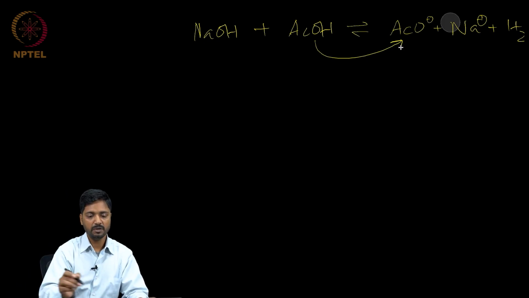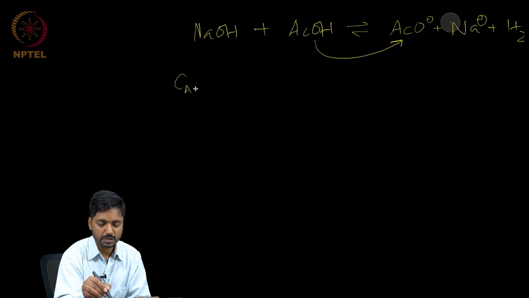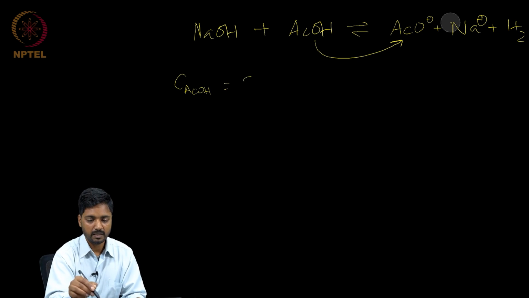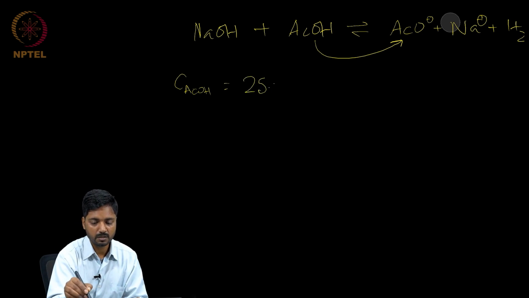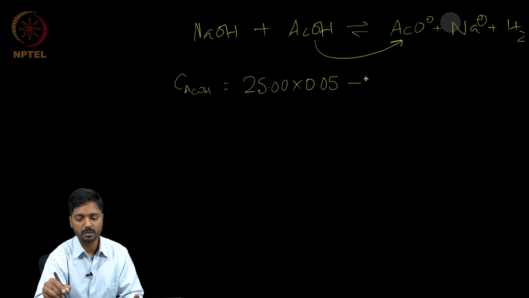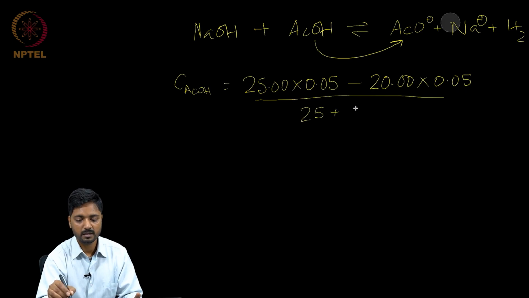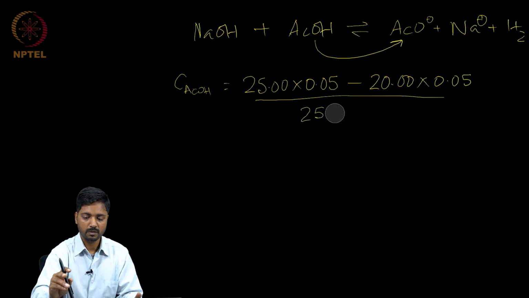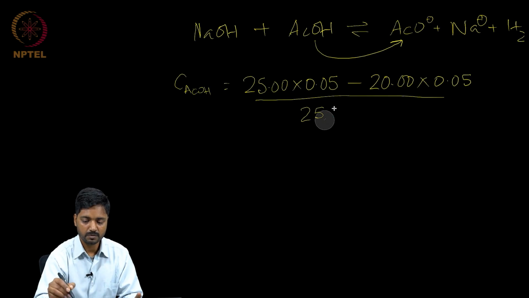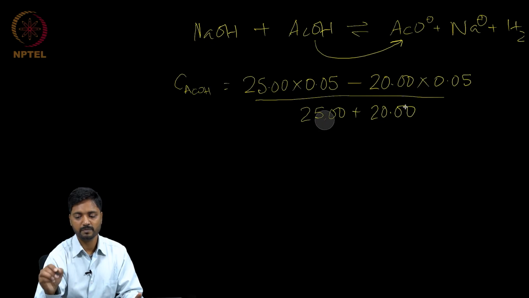So, let us calculate now the concentration of acetic acid in the medium, which will be the original amount minus the added sodium hydroxide, divided by the total volume of the medium now, which is 25.00 plus 20.00.